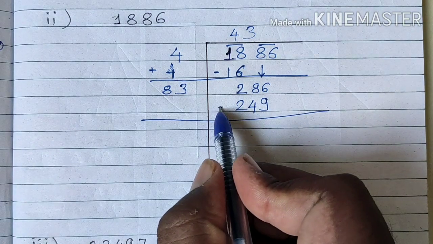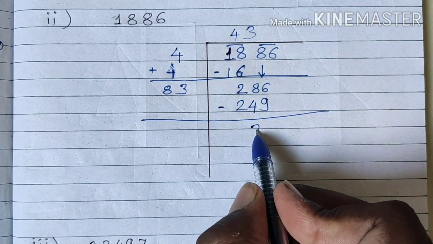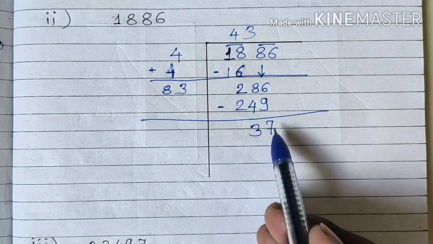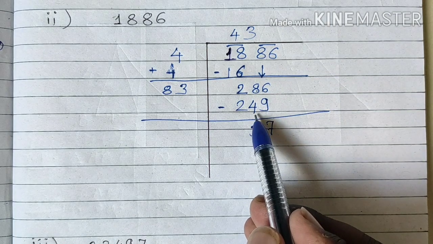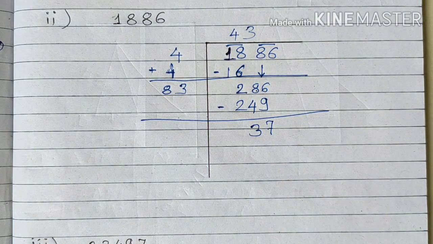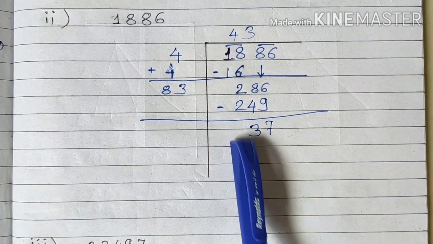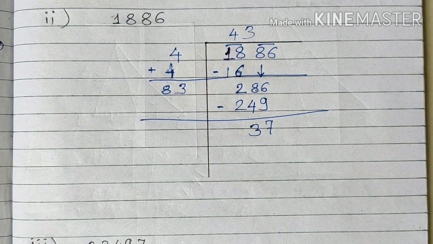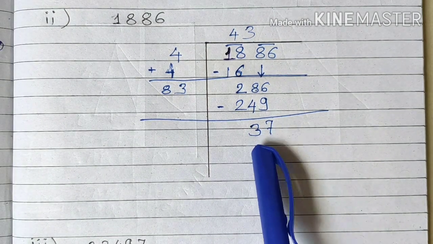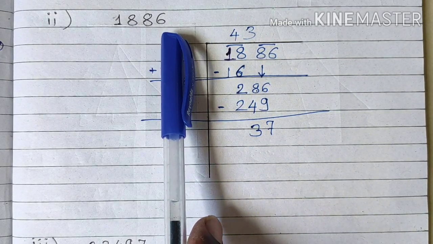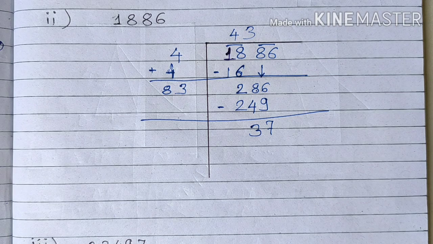So the subtraction of these two is 37. 16 minus 9 is 7, and 7 minus 4 is 3. So 37. Now 43 is here and the remainder is 37. In this question, whatever the remainder is, 37, when we subtract the 37 from 1886, the resulting number will become a perfect square.